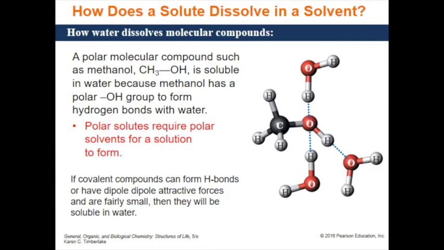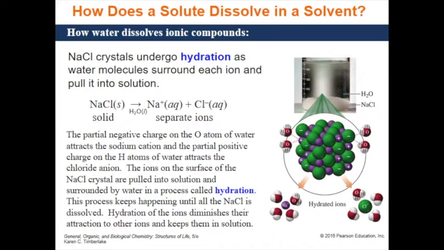Okay, so what happens whenever a solute, for instance an ionic compound, is dissolved in water, is that each ion of that ionic compound is separated from the others, and water surrounds that ion, which is called the process of hydration.